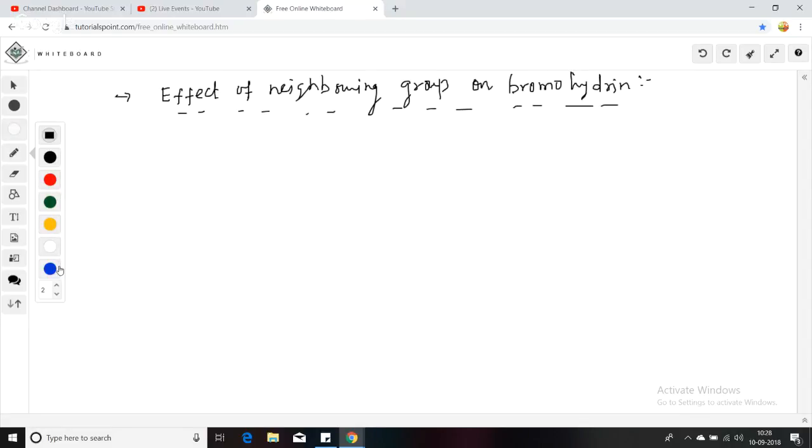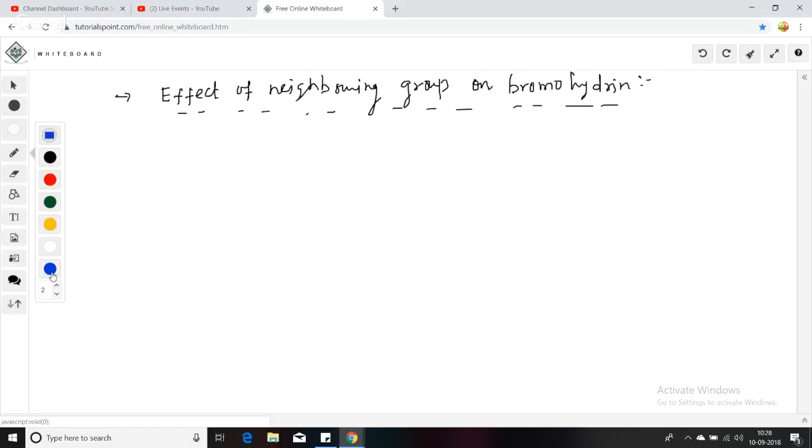What is bromohydrin? Bromohydrins are those compounds in which bromine and hydroxy group are present at adjacent carbon.